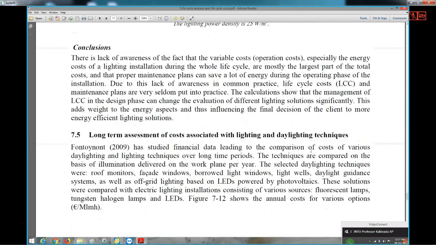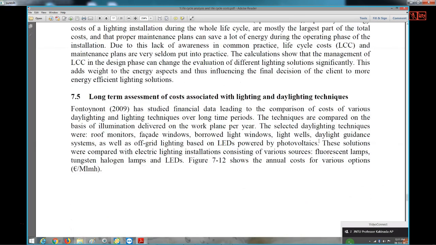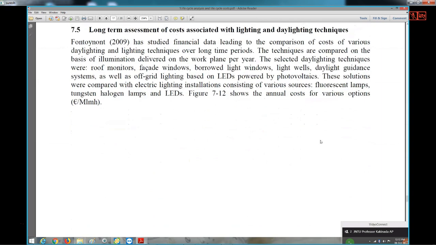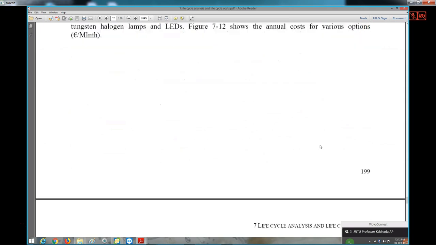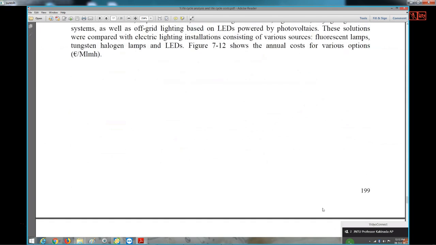Now here we are going to conclude from this example the life cycle costing analysis, because the use of lamps for the generation of artificial light is a day-by-day issue. We are unable to avoid the utilization of lamps for power consumption.